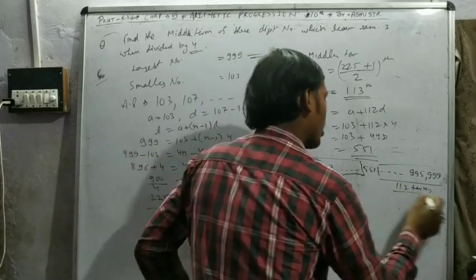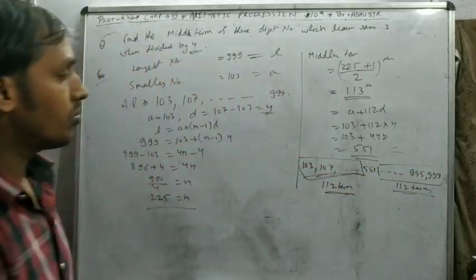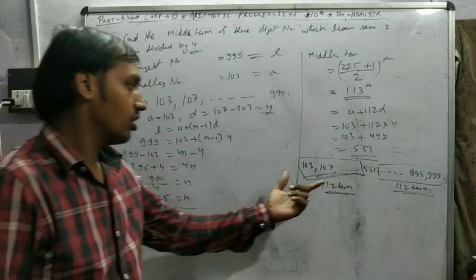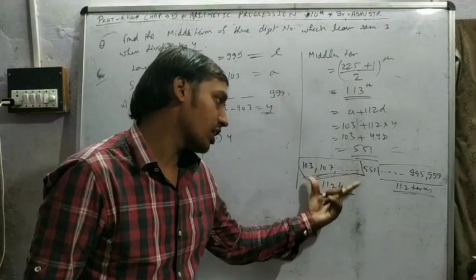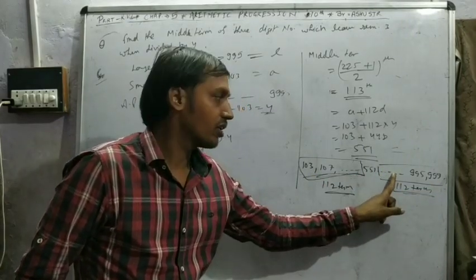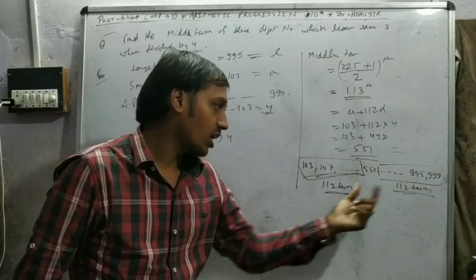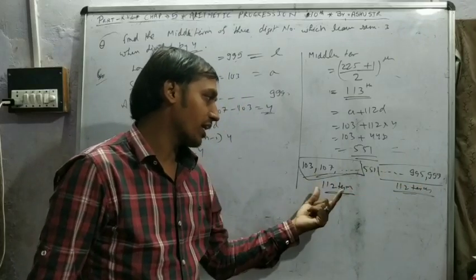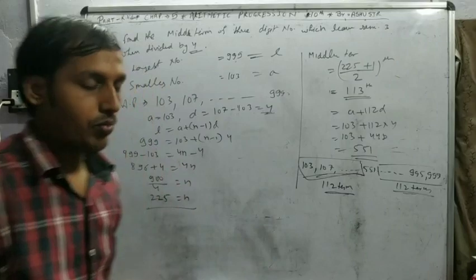You can find the sum of all these terms. Question 1, find the sum of this AP and this AP also. The next term is 555, 559, dash dash dash. You can find the sum of these two parts by taking n equal to 112. Pause, note down.